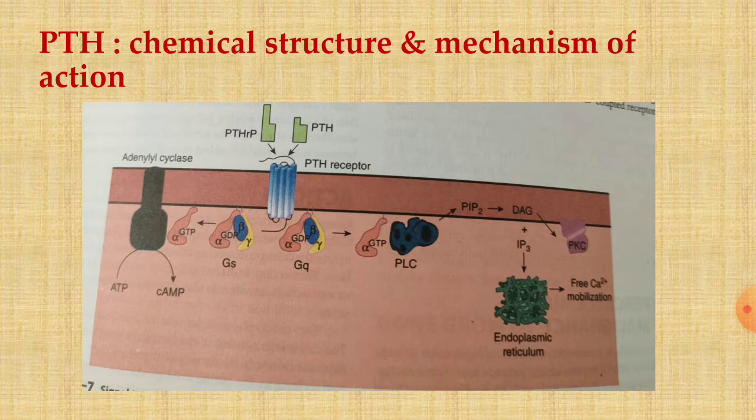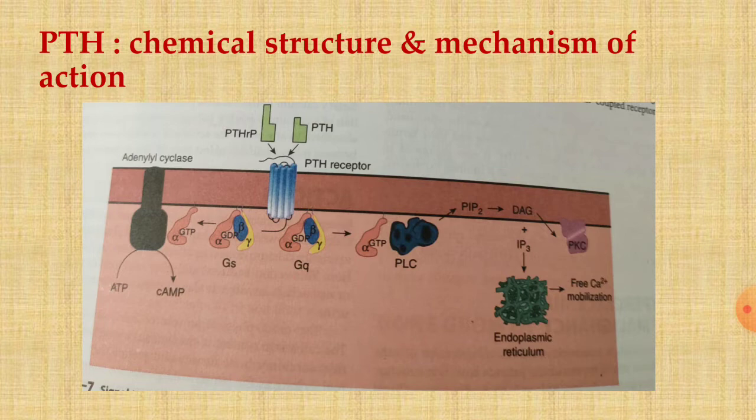Now these receptors are different on the basis of their second messengers also. For the first two types of receptors, there is G protein mediated action which generates a second messenger called cyclic AMP by stimulating adenylyl cyclase enzyme. So the first two types of receptors are cyclic AMP mediated.